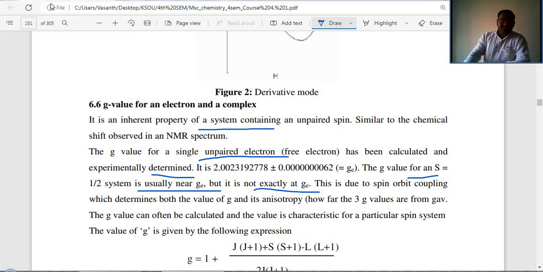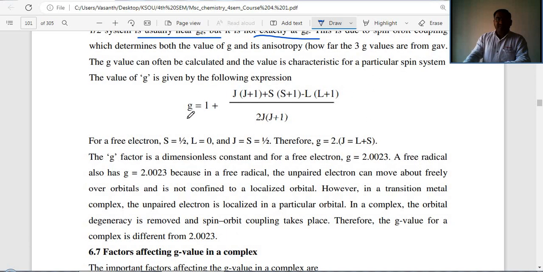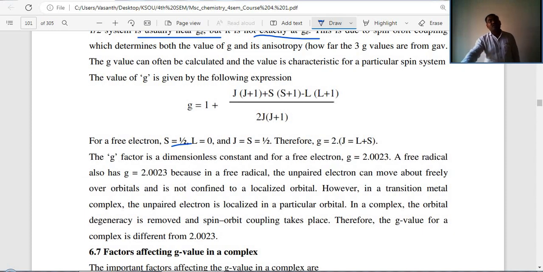The g value can often be calculated with the formula: g is equal to 1 plus J(J+1) plus S(S+1) minus L(L+1) divided by 2J(J+1). For the free electron, S is equal to half, L is equal to 0, and J is equal to S, equal to half.